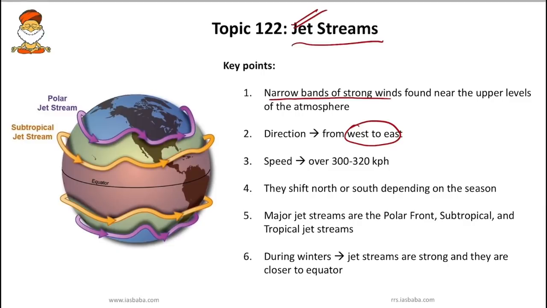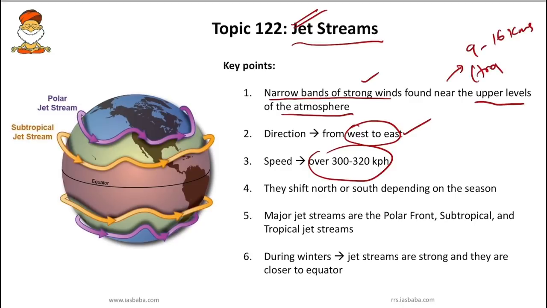Their speed is over 300 to 320 kilometers per hour. Major jet streams are found near the upper level of the atmosphere, around 9 to 16 kilometers from the Earth's surface, that is, in the troposphere.